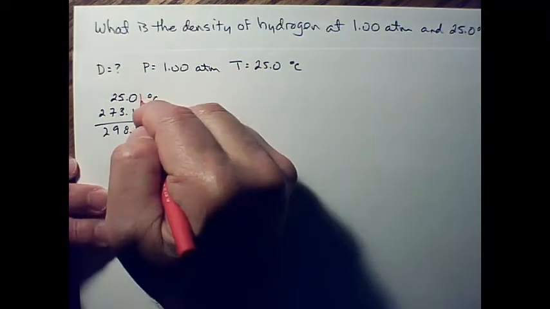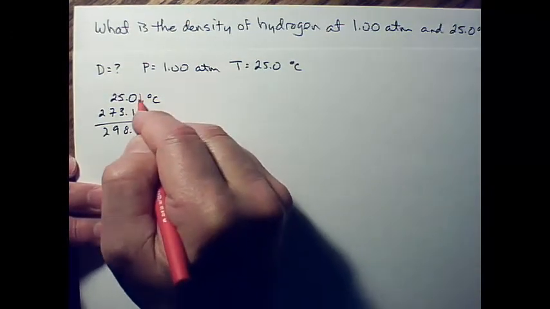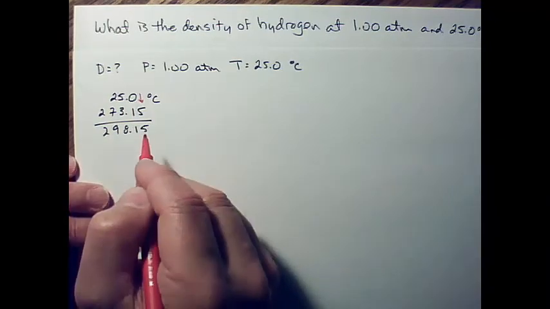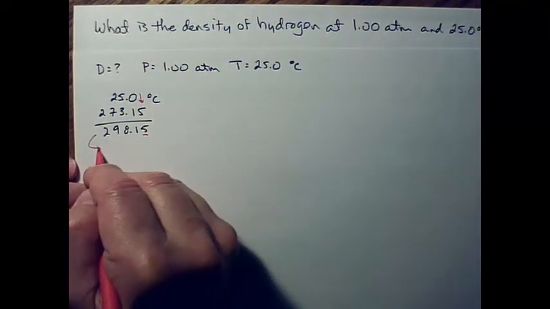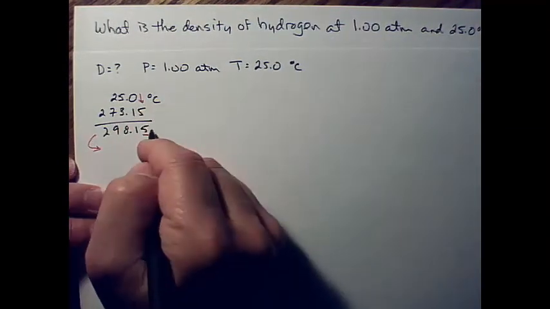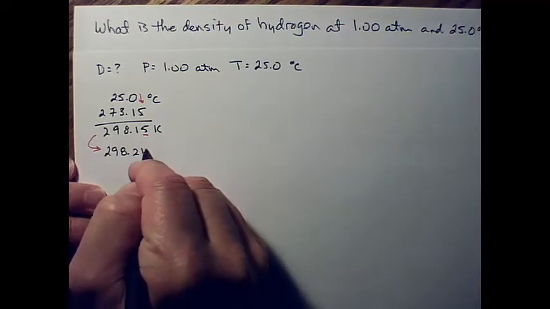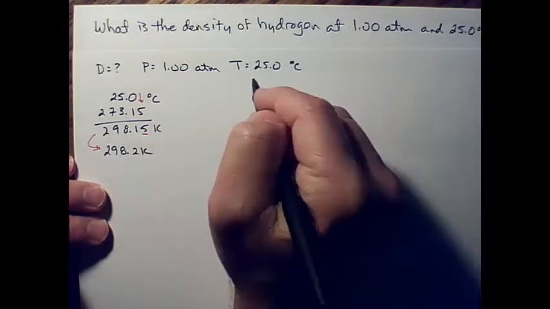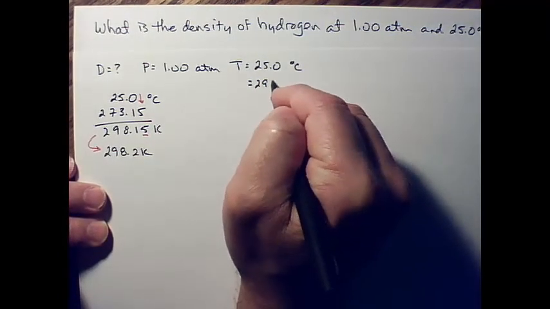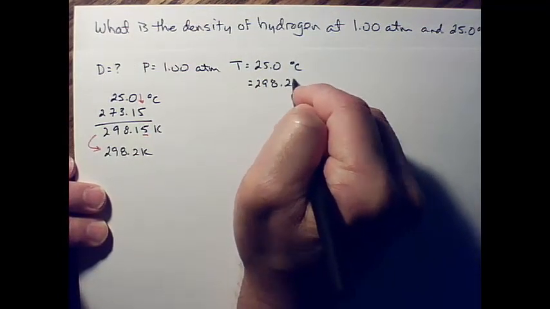We've got this empty slot here. Can't put a 0 in there because that would indicate a degree of precision that doesn't exist. So this is Kelvin, but we need to round it off to 298.2 K. So the temperature we need to use is 298.2 K.